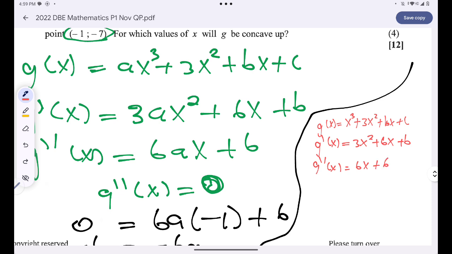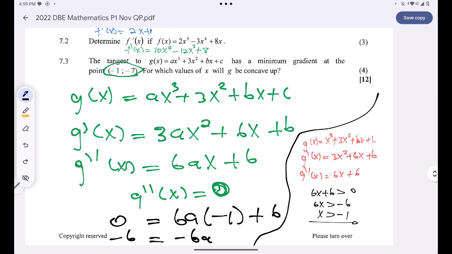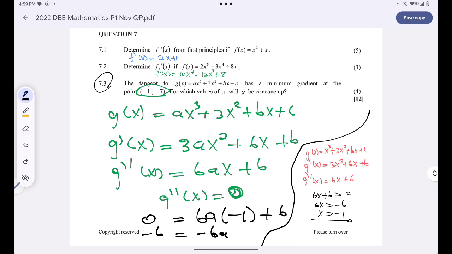So for the graph of g to be concave up, the second derivative should be greater than 0. So I will simply say 6x plus 6 is greater than 0. Then 6x is greater than negative 6. Then x has to be greater than negative 1. Are you together? So to answer that question, the graph of g will be concave up when x is greater than negative 1.